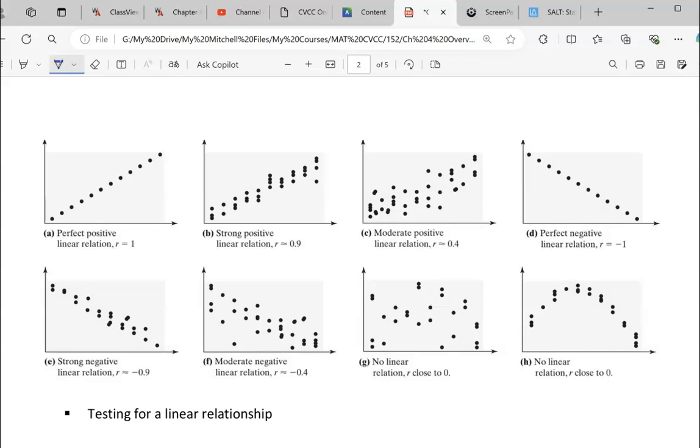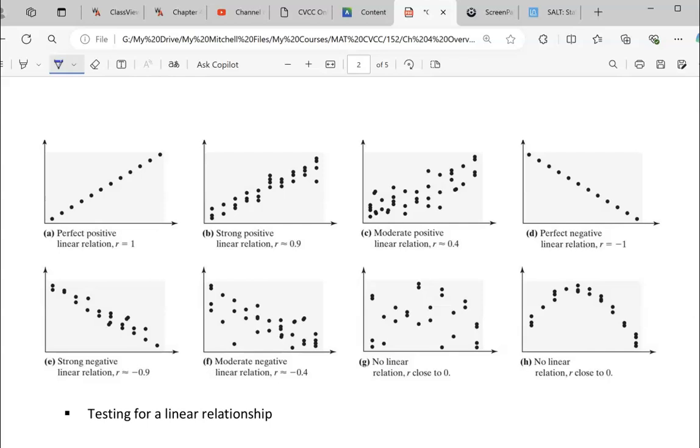So if I were to look at the second picture here, positive correlation, okay, the dots are not in a perfect line, but they're still pretty close together. So we would expect that R value to be pretty close to 1. If I were to look at this one, picture E, notice I have a negative correlation, but the dots are still pretty close together.